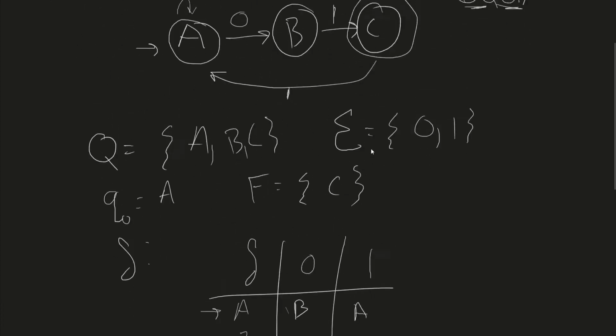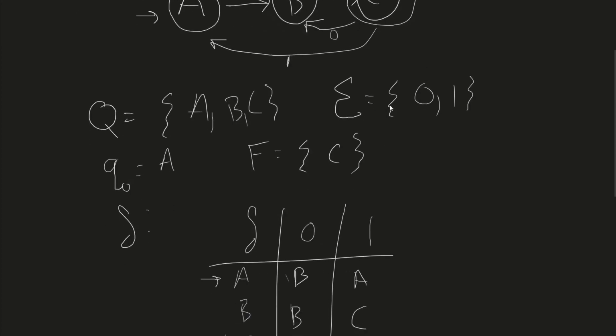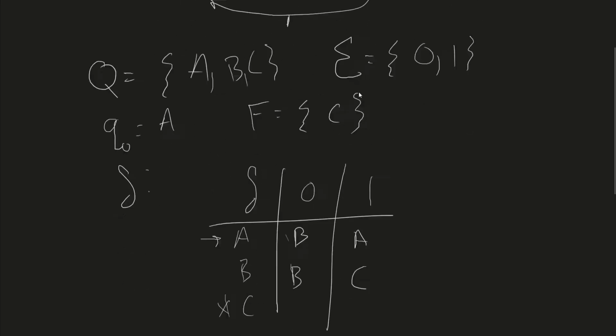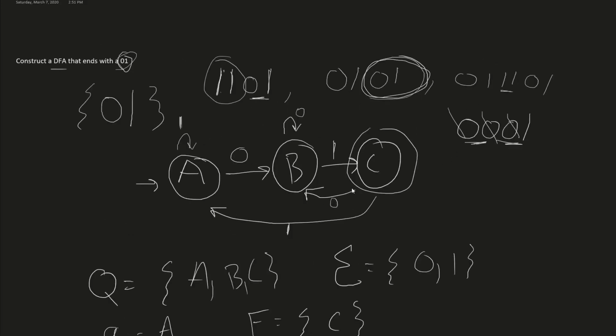C at 0. Oh, we did not do that part. C at 0 should probably go back here, right? To loop out. So your transition function also helps us construct this DFA because we know where all the inputs are going to go. See, if I had skipped this, we'd have gotten this wrong. So C at 0 needs to go back to B, right? A case where we would use this would be 0, 1, 0, 1.